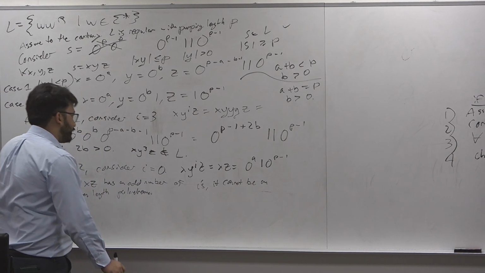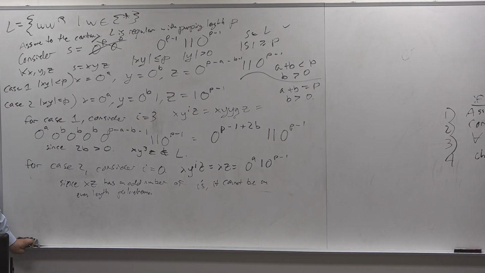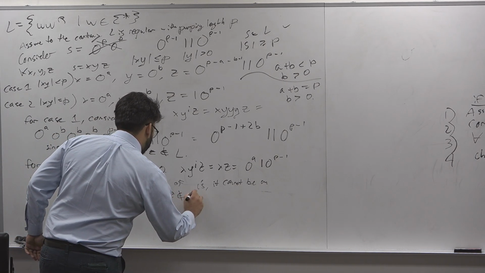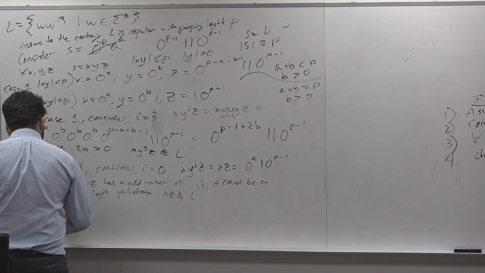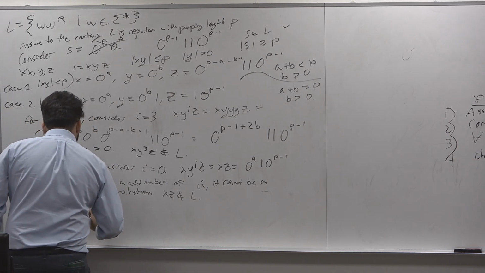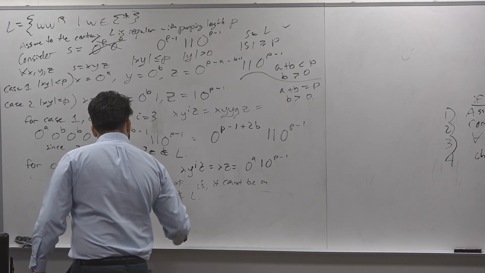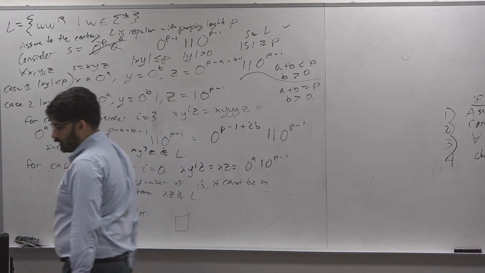Since for all cases we have found an i such that x y to the i z is not an element of L, so here this would say xz is not an element of L, right? Then, thus, L is not regular. QED. Done.